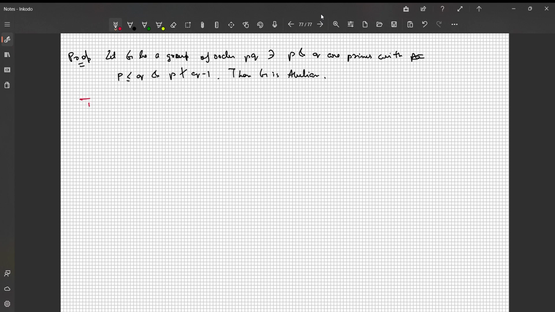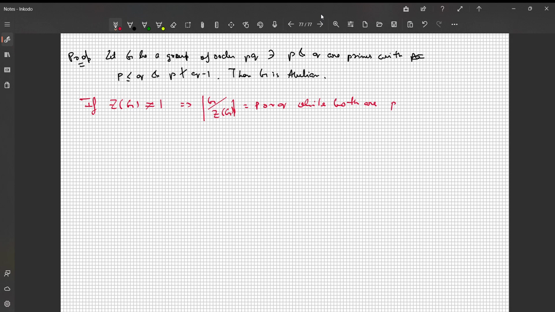Notice that if the center of G is not equal to 1, then by Lagrange's theorem, the order of the center of G can have the values P or Q. So that means G mod ZG can have the order P or Q, while both are primes.